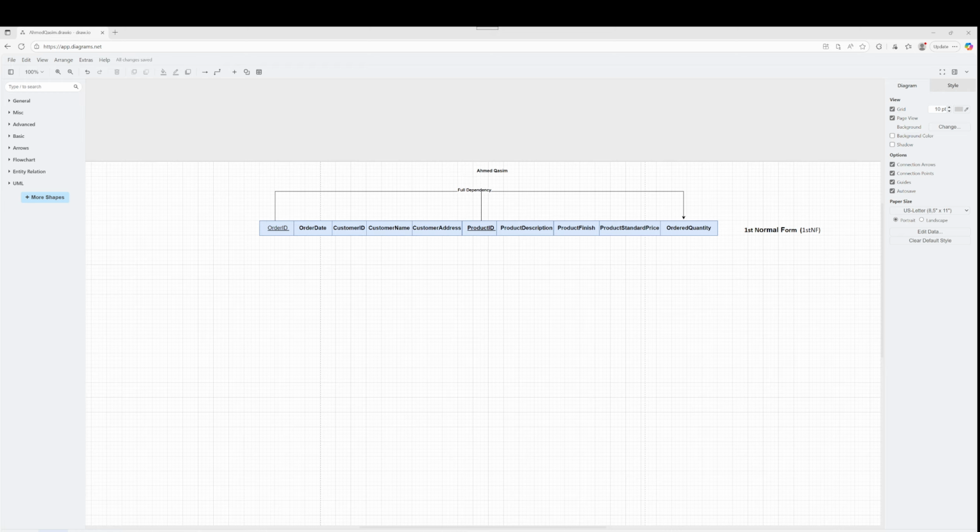Now I need to identify, in the second step, all partial functional dependency.